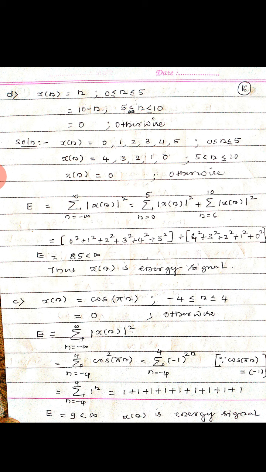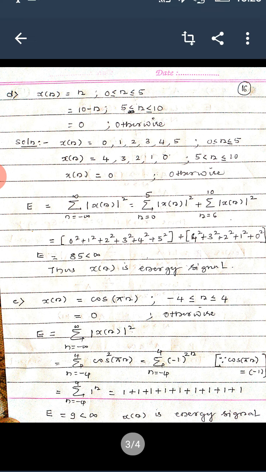We know that cos pi is equal to -1, so cos square pi n is equal to -1 raised to 2n, and -1 raised to 2 is equal to 1, and it is 1 raised to n.